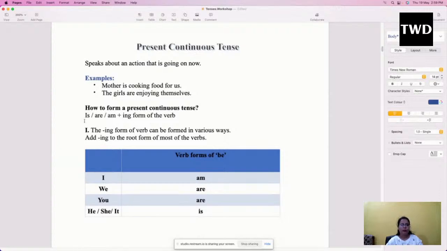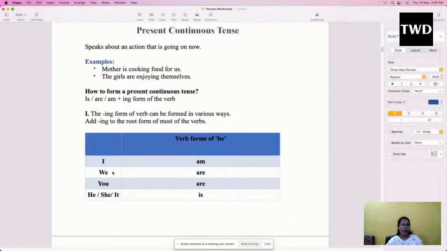Okay, so what should be the structure of the sentence? Depending on the subject, we should have our helping verbs like is, are, or am plus the ing form of the verb. Now whenever we are using I, with I we are always going to use am. For example, I am teaching you tenses right now. I am teaching.